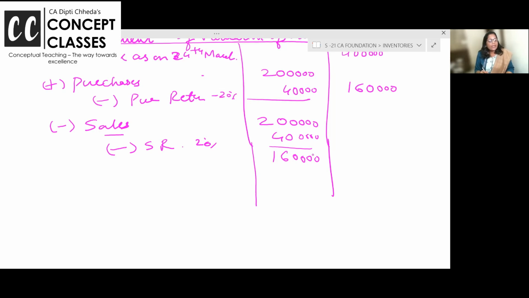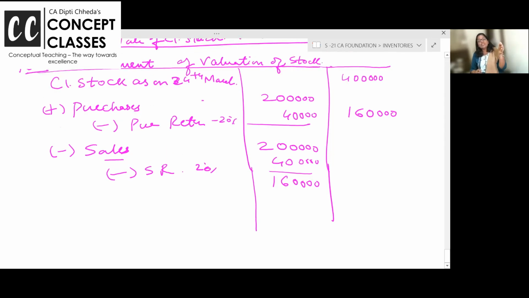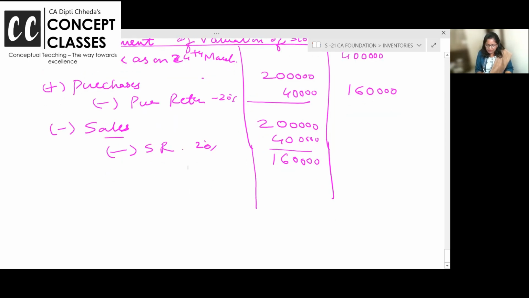Okay. And now this is the sale of the goods which were in the stock on 24th, but before 31st they are sold. So remove. But you will not remove the sales value, you will remove the cost. So 160 is the selling price and the equation is 125. I'm just making the equation here. If cost is 100, profit is 25, selling price is 125.